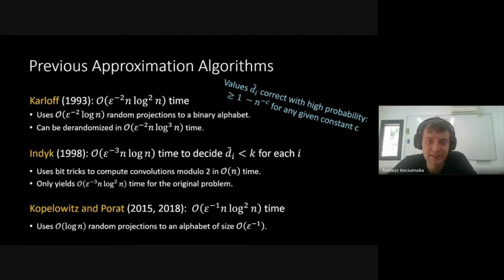In the first paper, they had a much larger polylog factor, but in 2018, they improved it to log squared n, which matches that in Karloff's algorithm. And the main techniques are quite similar to Karloff's, namely they also use random projections and compute the exact Hamming distance after the projections, but instead of a binary alphabet, they use an alphabet of size inverse linear in epsilon.